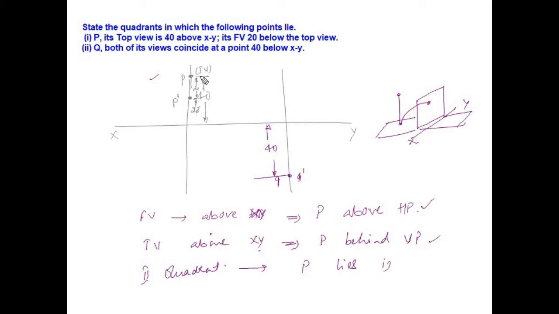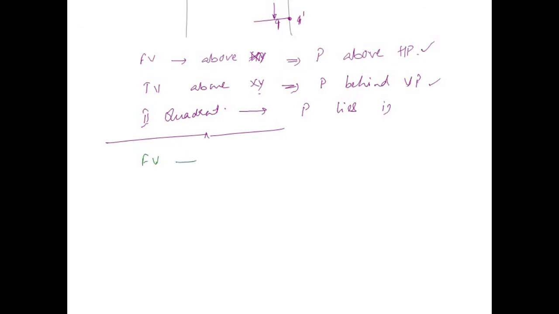Understand? So similarly for point Q, both front view and top view are below xy line. Front view is below xy line, this implies Q is below HP. That's the first condition. Second, the top view is also below xy line.